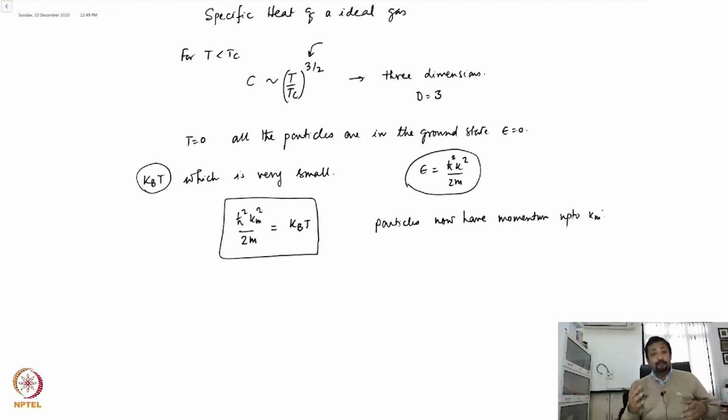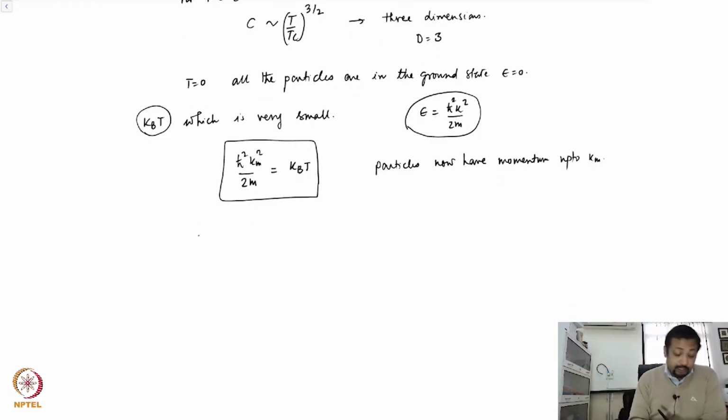They don't go above it because they do not have sufficient thermal energy to go beyond that, right? Now the energy, it's a very simple understanding. The energy is proportional to the volume and to the density of states, which goes as km to the d minus 1.